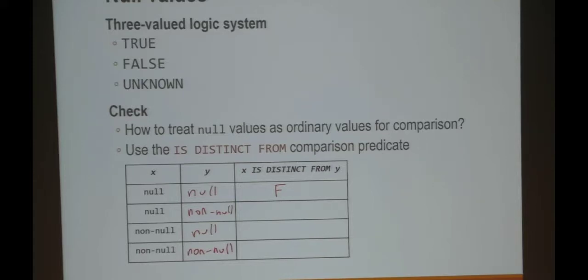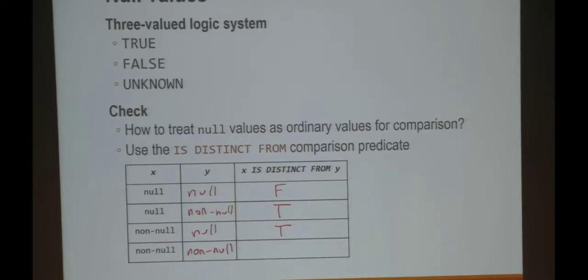Null and non-null are actually distinct, because you know that one of them is non-null. So this one is true. This one is true. Now what happens if both are non-null? Will it be true or false?